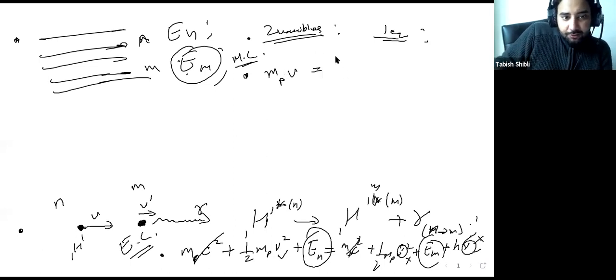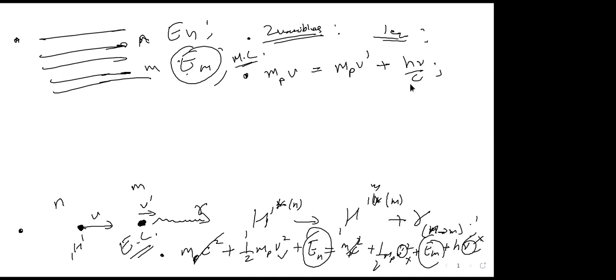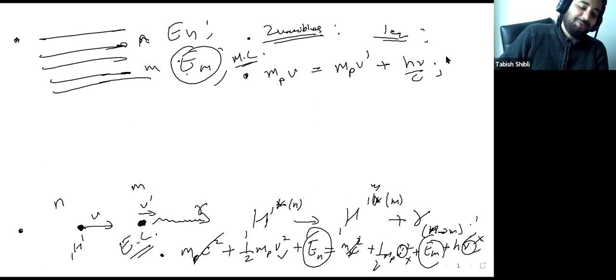On the right hand side, you'll have mass of the proton times v dash plus the momentum of the photon. How do you measure the momentum of the photon? It's h nu over c, right? You remember doing this in the previous chapter? Yes. So that's how you write the momentum of the photon, h nu by c.